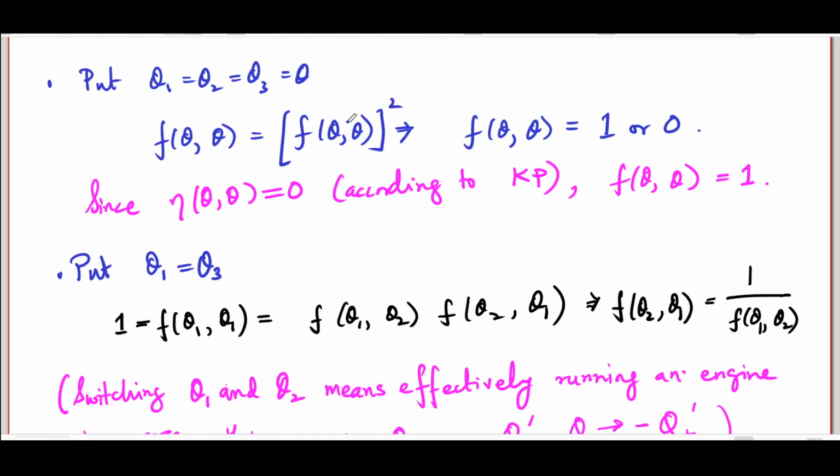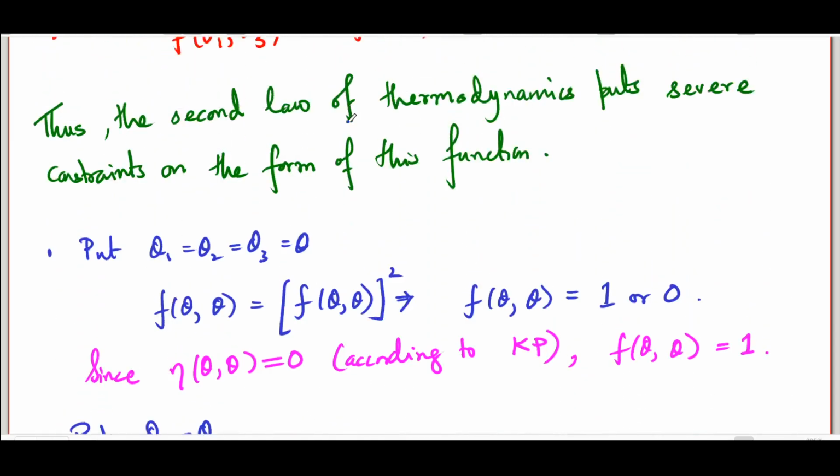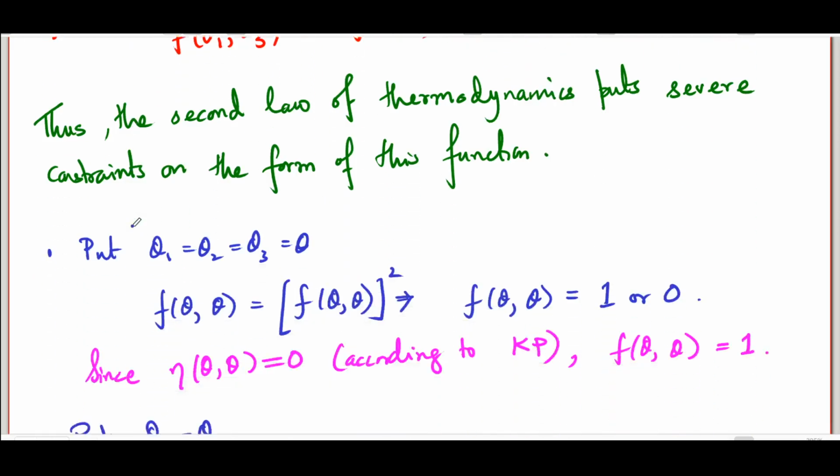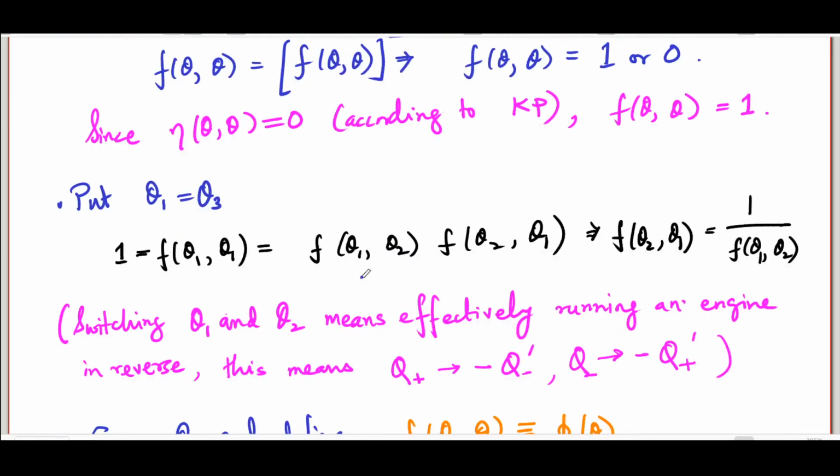Now, let's choose a special situation where you put the two temperatures here as equal. Leave theta 1 and theta 2 as different, but theta 1 and theta 3 both are being put equal to each other. What we have just figured out is that this left hand side then will have to become 1. So what we get is f of theta 1 comma theta 2 times f of theta 2 comma theta 1 must be equal to 1.